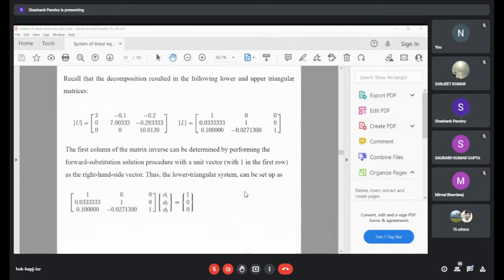D1 equals 1. And what is this lower triangular matrix? What are these numerical values corresponding to?